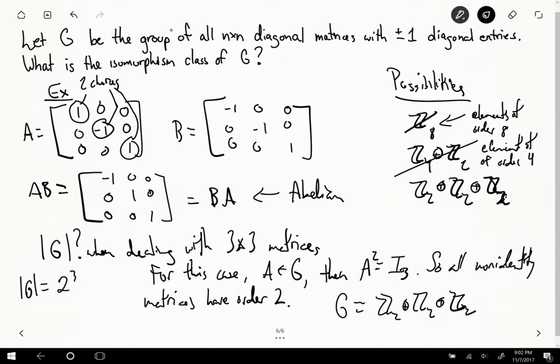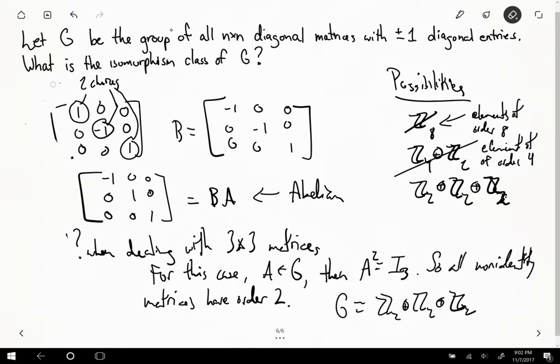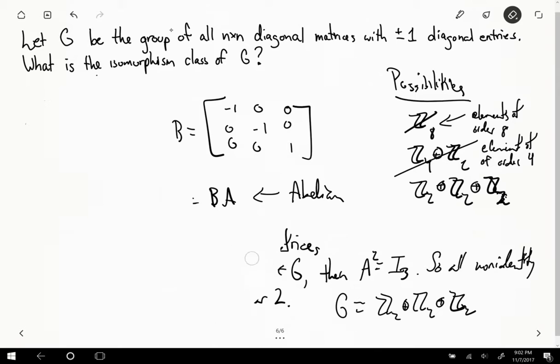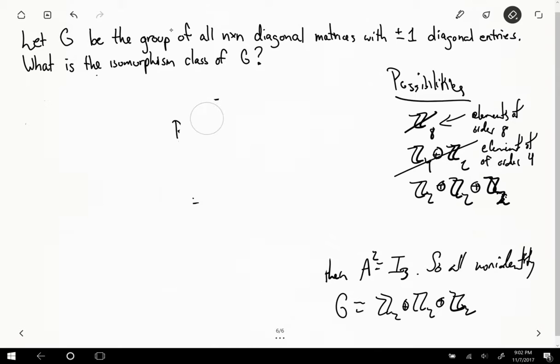But now that didn't answer the problem. It asked about all n by n diagonal matrices. So let's build to that. It gives us some intuition as to what we might be expecting here.